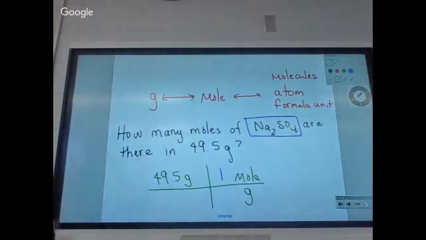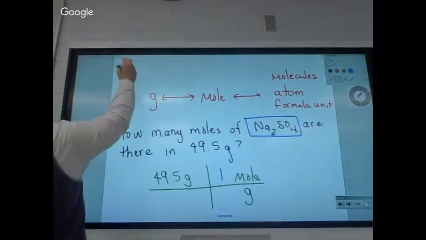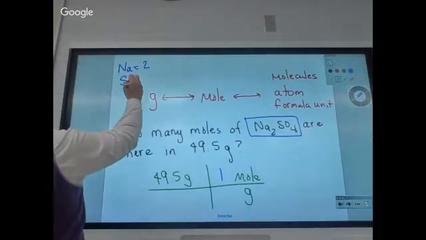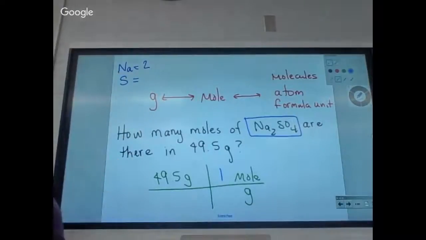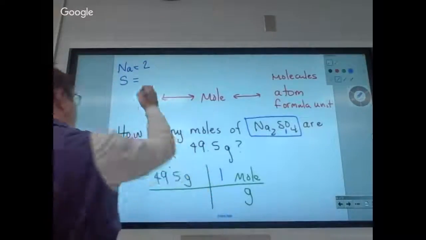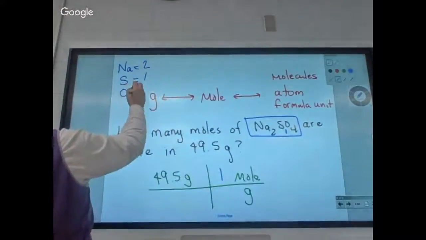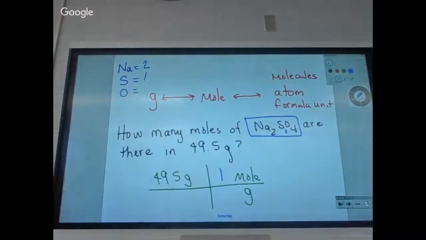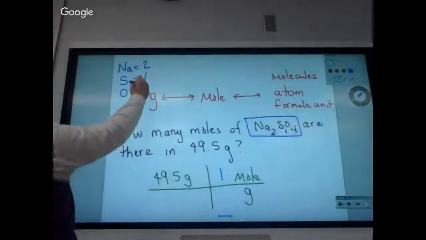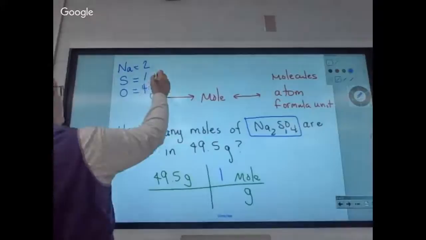So now we got to say, how many Na's do we have? 2. How many S's do we have? 1. We got 1 S, no parentheses there. We don't distribute because there's no parentheses. Okay? How many O's? 4. Okay?